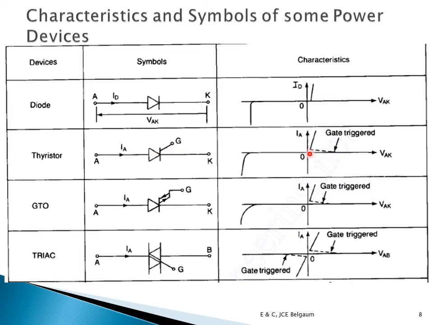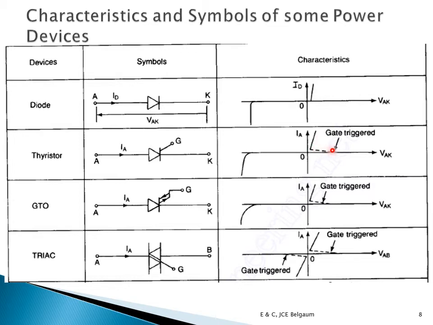Once I give it, it will remain off till here, and once it turns on, it will behave like a diode, right? Its voltage is suddenly going to come down like here, and the current is going to boost. So this is the on state. So in the forward first quadrant, there are two states of the SCR.